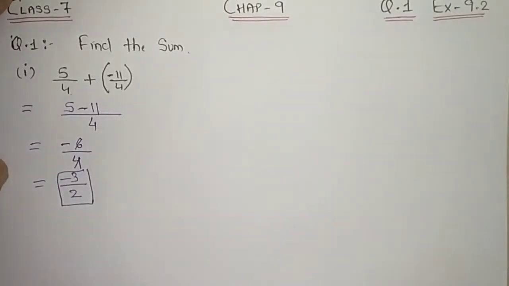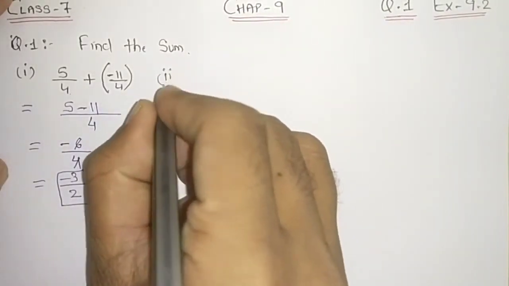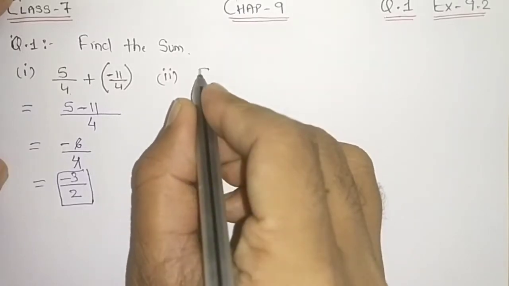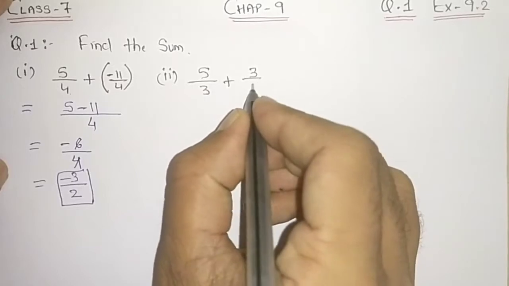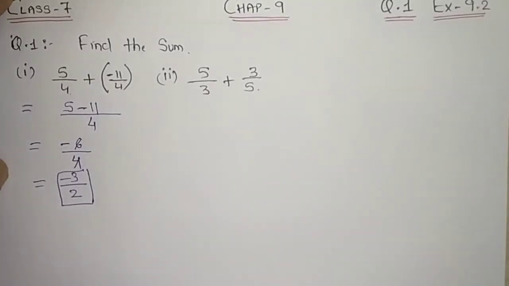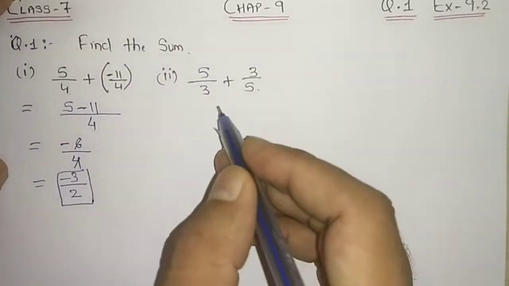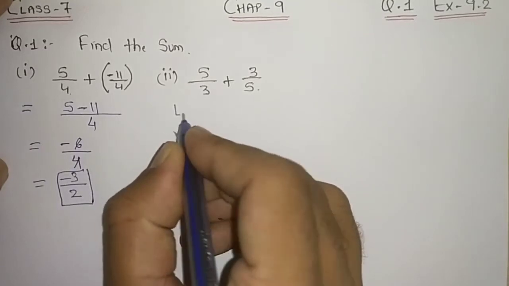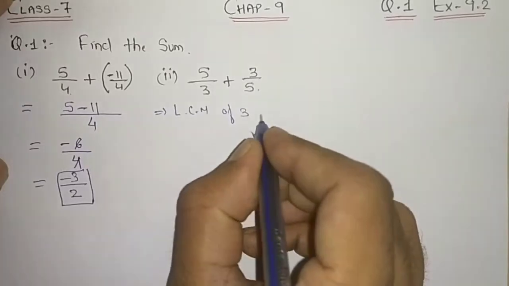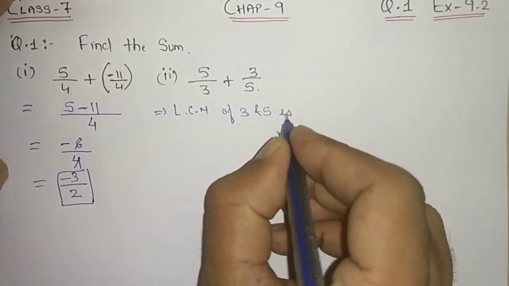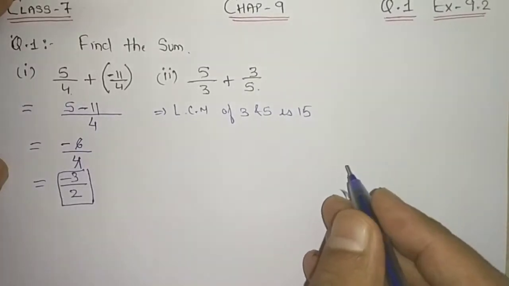Moving to second part. Second part is having 5 divided by 3 plus 3 divided by 5. Here denominators are not same, so we will take LCM. LCM of 3 and 5 is 15.